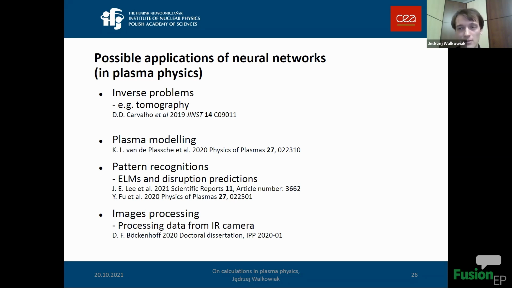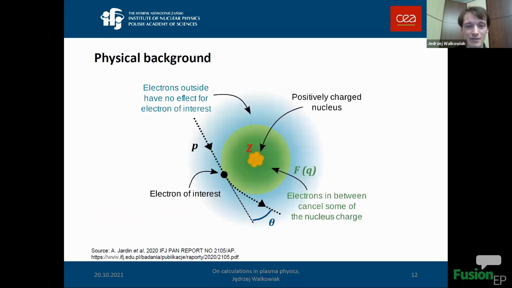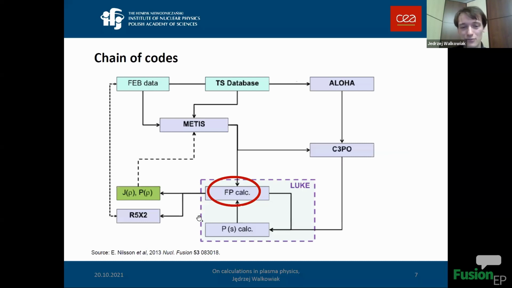It's quite a complicated topic, and I will spend some time introducing these models into the software from the chain of codes I mentioned. In my case, it will be the Look software, and I will be making a statistical analysis on the database from the WEST tokamak, on the experimental data, to check the influence of various parameters on the plasma.